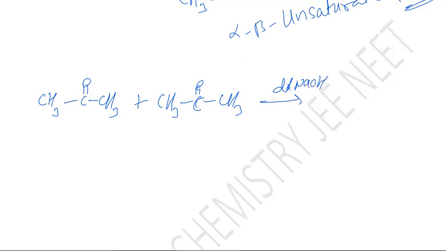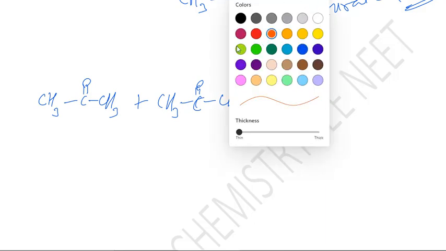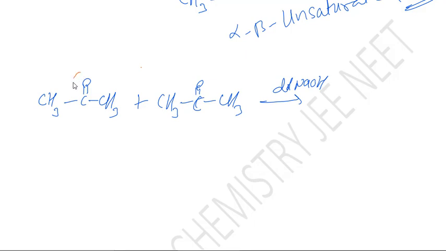I will tell you how to write the final product, alpha beta unsaturated. Just take this oxygen and another carbonyl compound's alpha hydrogens, 2 alpha hydrogens. This is the alpha carbon, this is also an alpha carbon. You can take any side, 2 hydrogens and 1 oxygen. Just remove the water molecule.